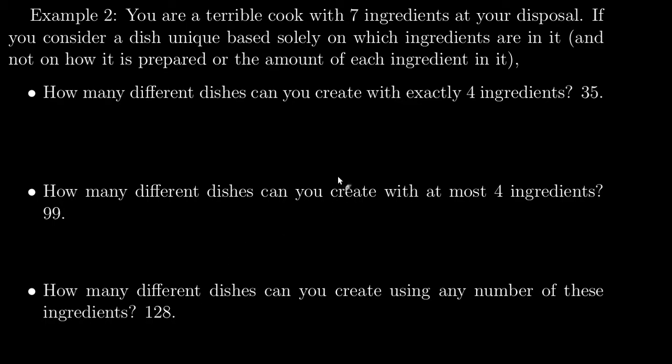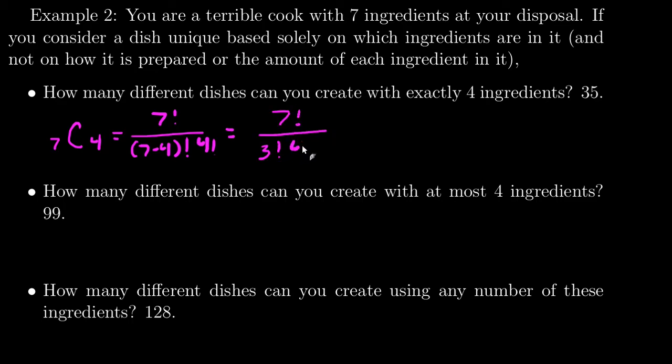So here's the way this works. If I want to figure out how many dishes I can create with exactly 4 ingredients, out of the 7 ingredients, all I need to do is choose 4 of them to be in the dish. 7C4, 7 factorial over 7 minus 4 factorial, 4 factorial, which is 7 factorial over 3 factorial, 4 factorial.